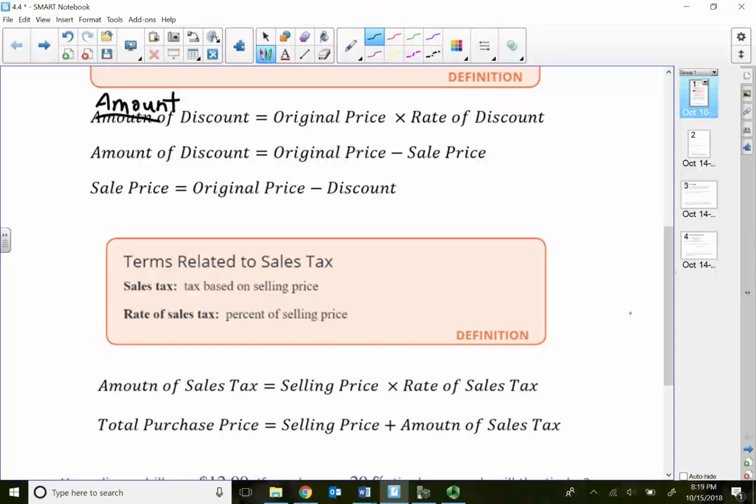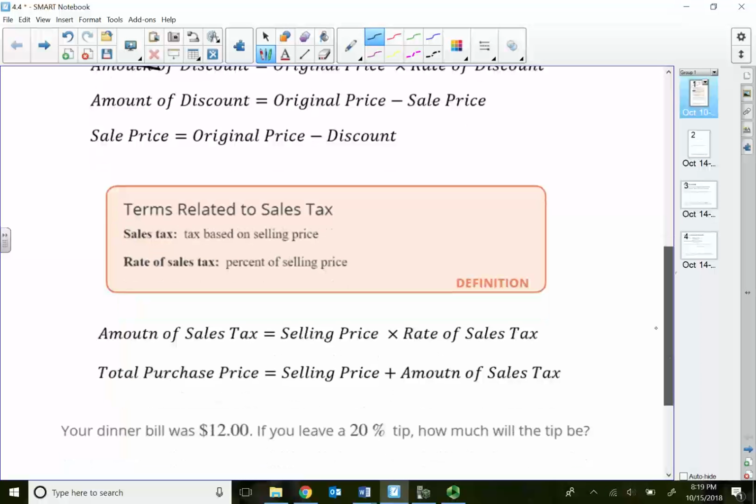To figure out the amount of the tax, we take the part of what we purchase, or what they are selling, times the rate of your sales tax. That will give us the amount of sales tax. Total purchase price is whatever I'm purchasing plus the amount of sales tax. That will give me the total amount.